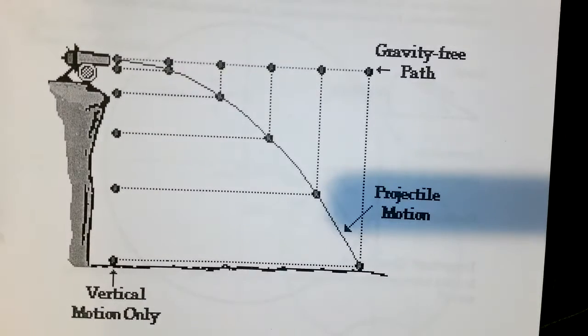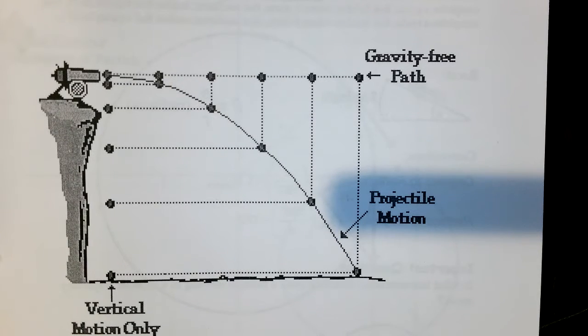So what happens when we don't have a flat earth and we're shooting something from high above a cliff? Well, there's always a classic problem. If you were to fire a gun horizontally and drop a bullet from the same height of the gun at the same time when the gun is fired, which bullet will hit the ground first?